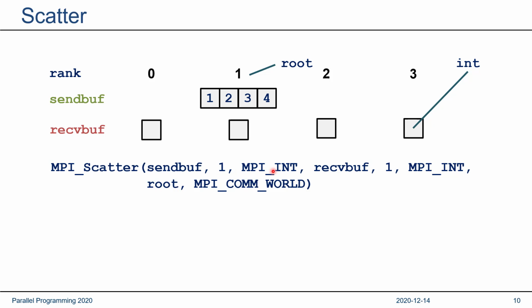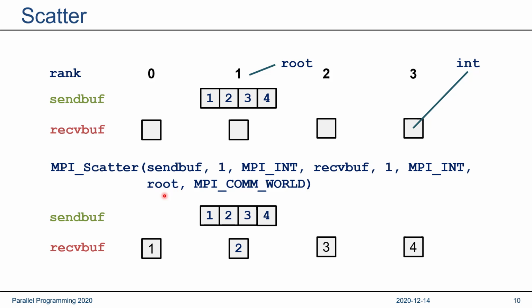We're sending integers, then the receive buffer, which has a meaning on sender and receiver sides, because on the sender, we're copying locally a part of the send buffer to the local receive buffer. We're receiving integers, of course, and the root is 1. This is the final result after MPI scatter returns. Now, every rank has its part of the original array, which was originally stored at the root.